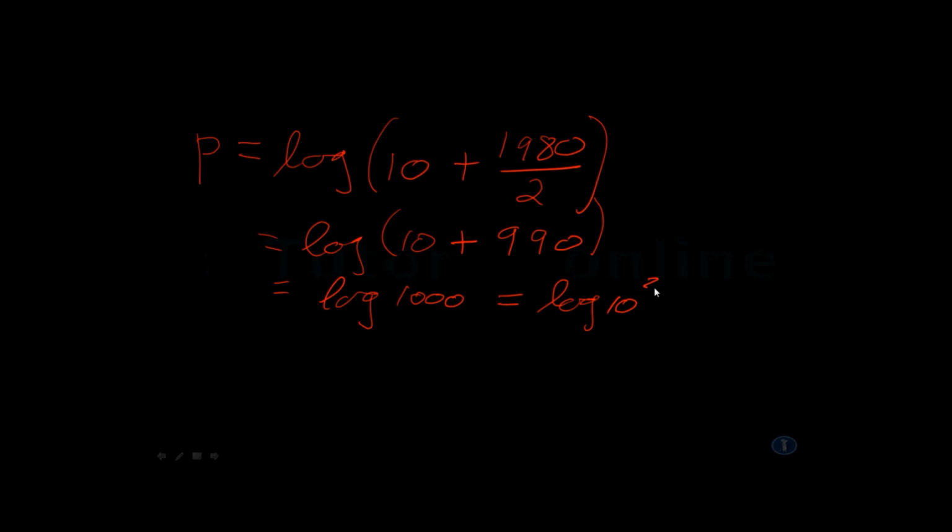Then if we use the power identity of the logarithm, that will allow us to say that P is equal to 3 times the log of 10. Now the log of 10 to the base of 10, as we proved previously, is equal to 1. So P is equal to 3. That means each item in the consignment costs 3 rand. And we have 1980 items.